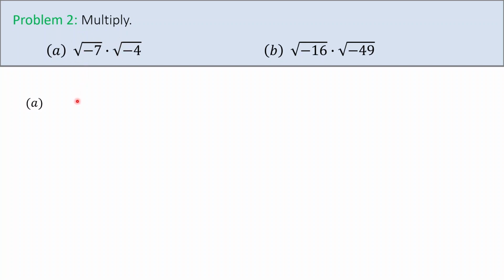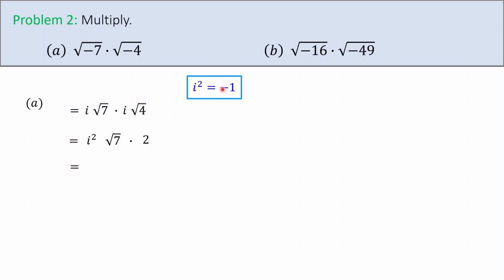This is equal to, first write in terms of I. So you can write this as I times square root of 7 times, this is I square root of 4, equal to, now multiply I and I, you get I squared, then square root of 7 times the square root of 4 is 2, equal to, this I squared is minus 1.